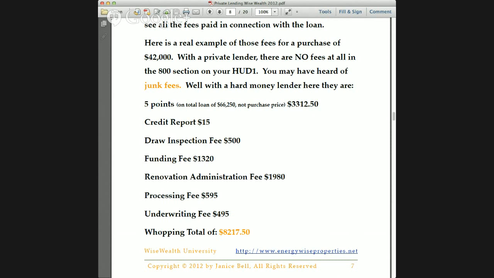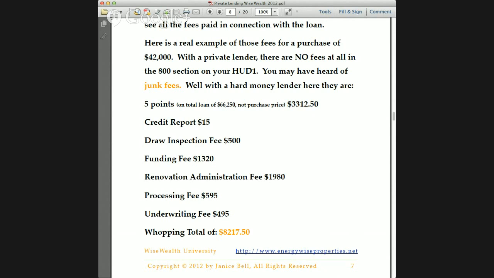When you do a private money lender, this is someone that you know, and you're setting up the program, so you may pay them a basic 10%, which is certainly a great opportunity and way more than they can get from other investments. But you don't talk about points and draw inspection fees and all that because they don't understand rehab.